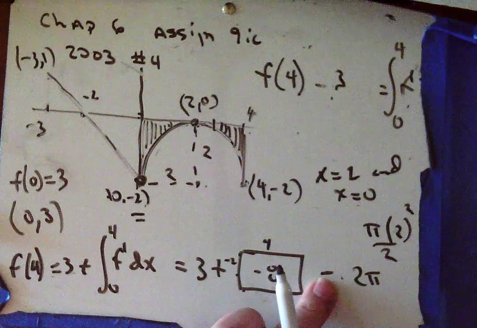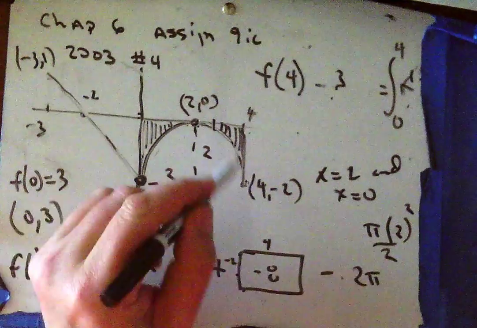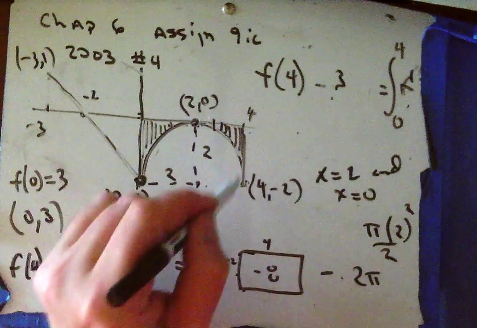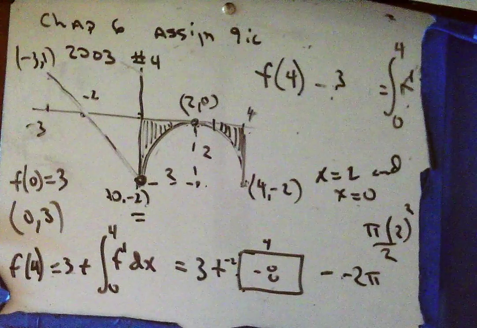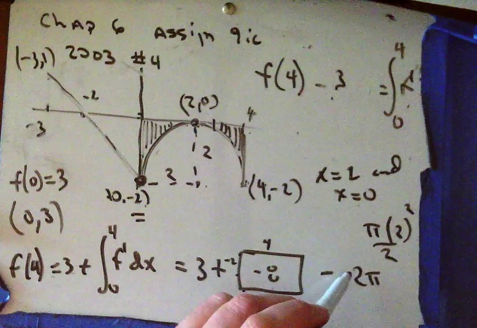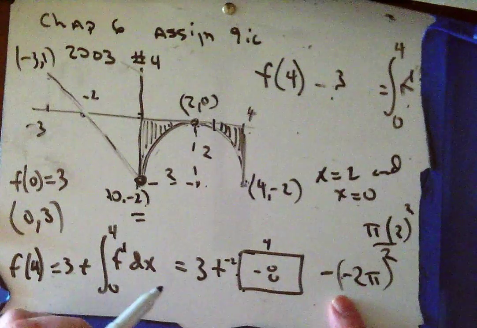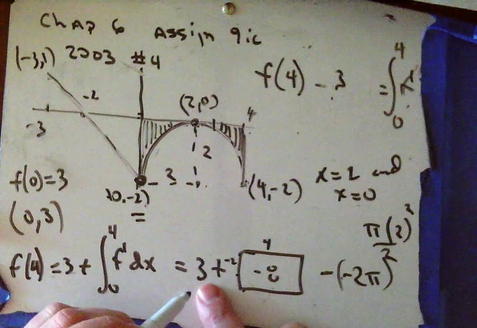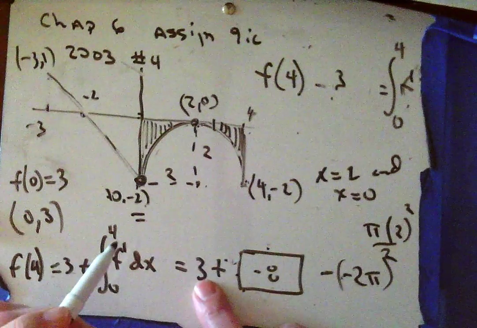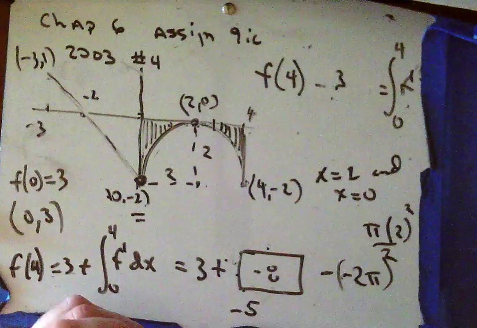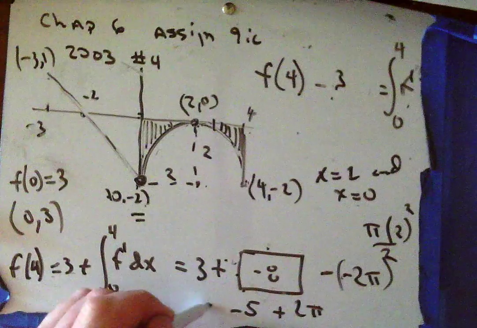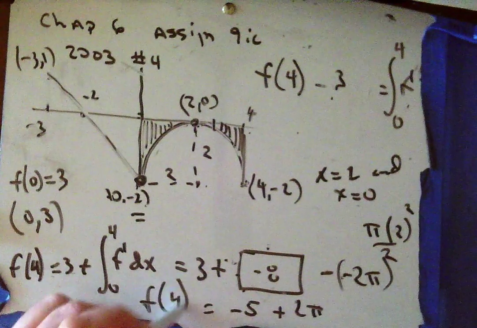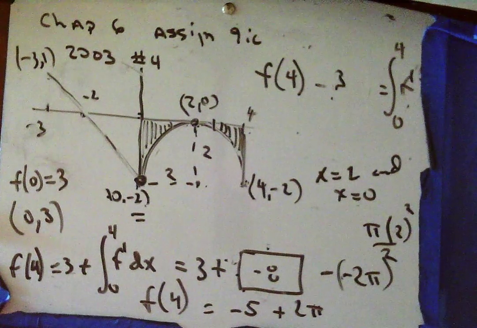I'm subtracting this, and this is below the x-axis, so I'm subtracting that. Right. It's always tough on my brain. So I'm going to end up with 3 minus 8 minus a minus, and there's f of 4. Okay, watch out for your signs.